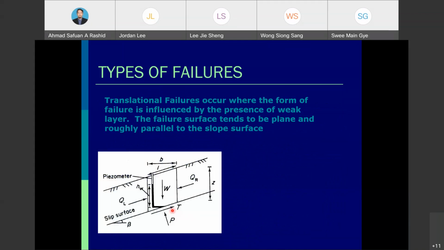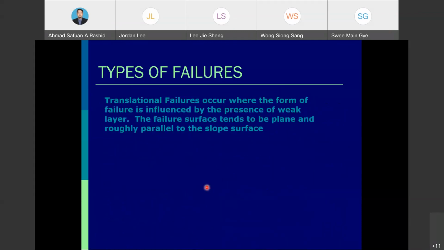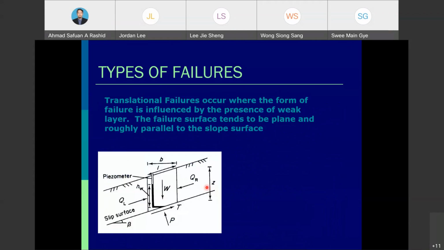Translational failure occurs when the form of the failure is influenced by the presence of a weak layer. This is what we call an infinite slope. This one is a finite slope because it has a toe, surface, and also top. For the infinite slope, we call it infinite because the length of the slope is greater than the height of the slope.